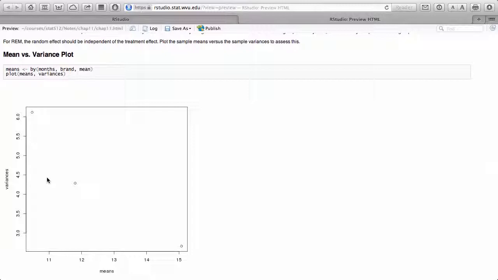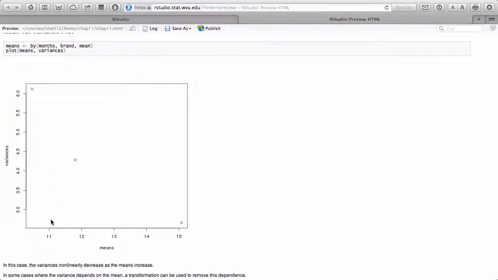So you're assuming there's no relationship between the effects due to the treatment and the error, or epsilons, the individual errors. One of the ways we can check that is by plotting the means and the variances. It doesn't matter which way it goes, but by convention we put the means on the x-axis and the variances on the y-axis. And you can see that there's a dropping off effect here.